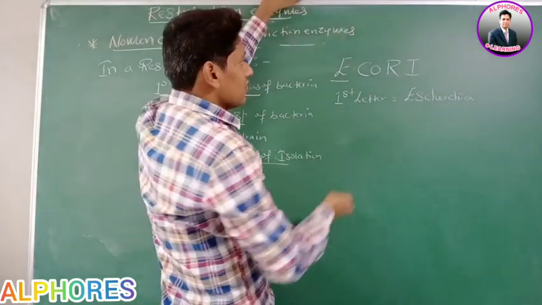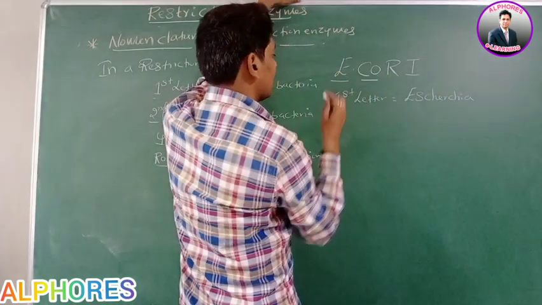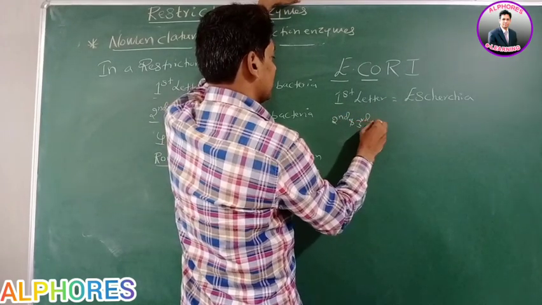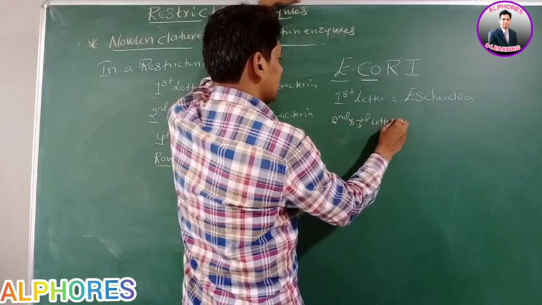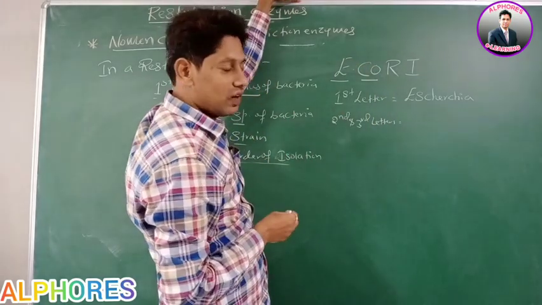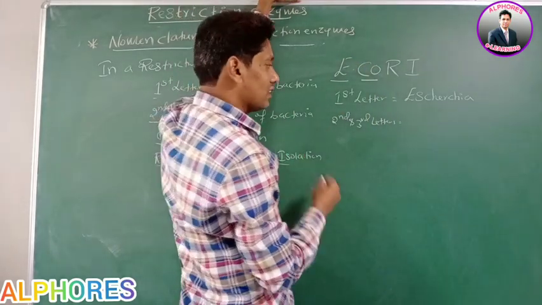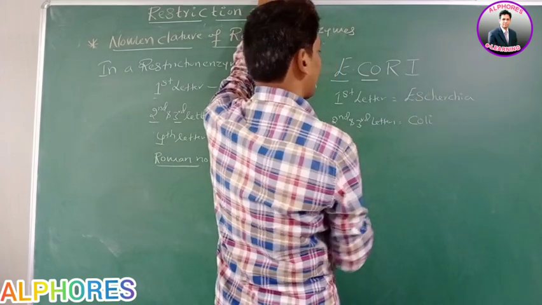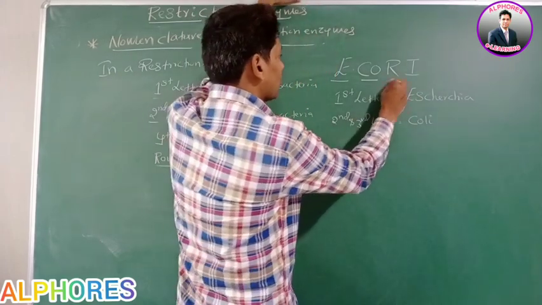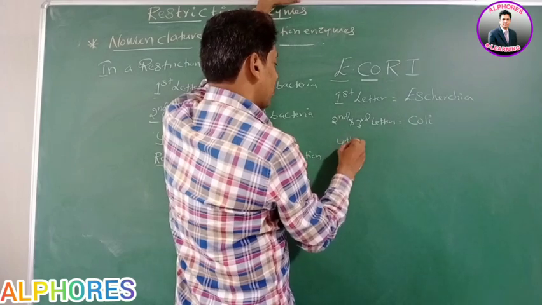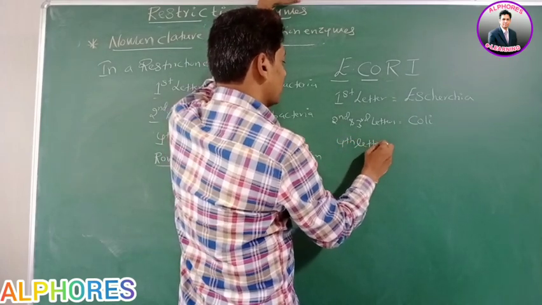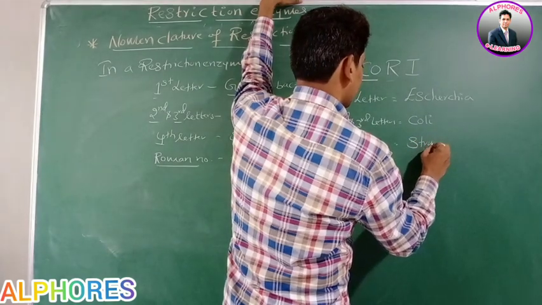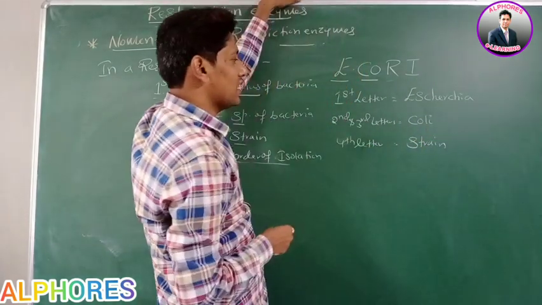Second and third letters represent the species. What is the species name? Coli. The fourth letter represents the strain.